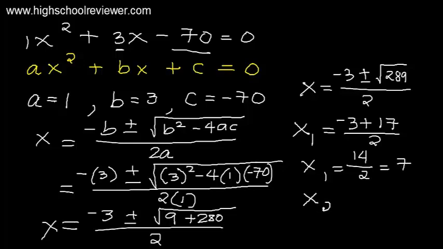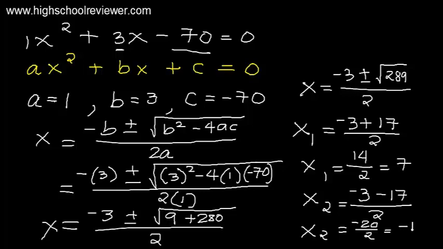Our x sub 2 here will be equal to negative 3 minus the square root of 289, that will be 17, all over positive 2. So our x sub 2 will be equal to negative 3 minus 17, negative 20 divided by 2. This will be negative 10. So therefore our x sub 1 will be positive 7 and our x sub 2 is negative 10. They are our final answers.